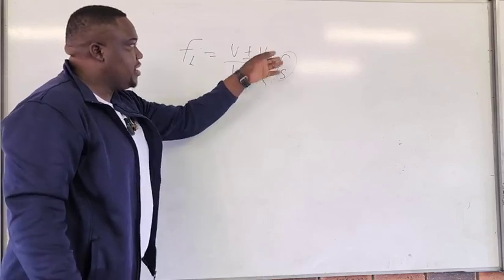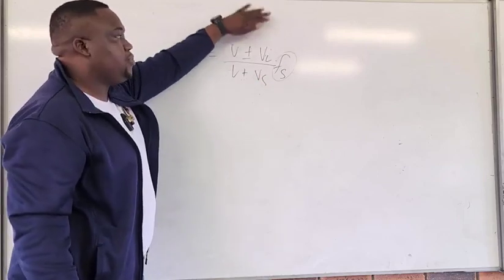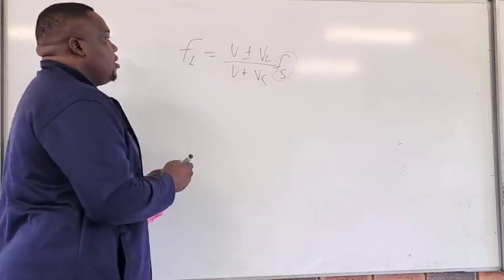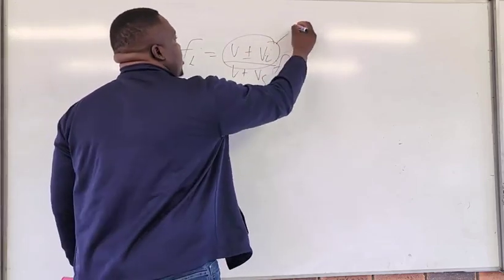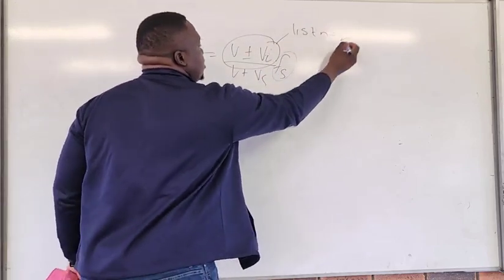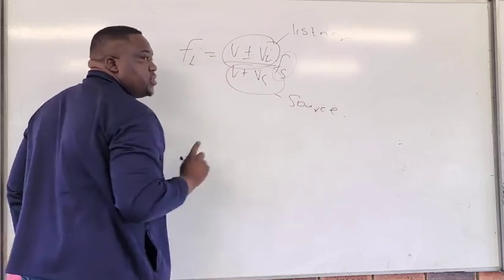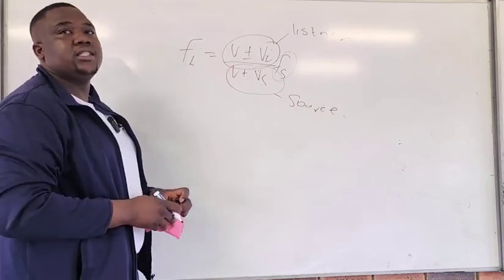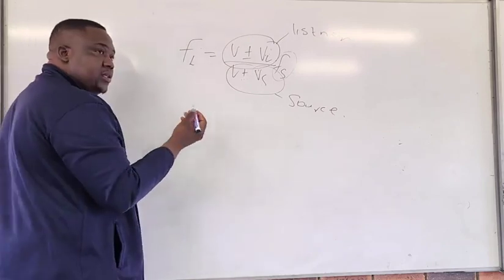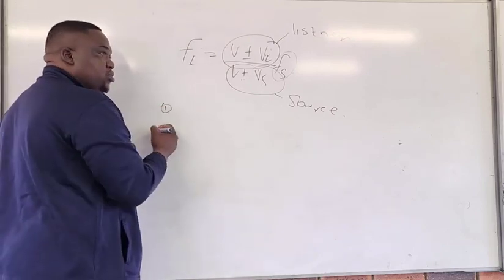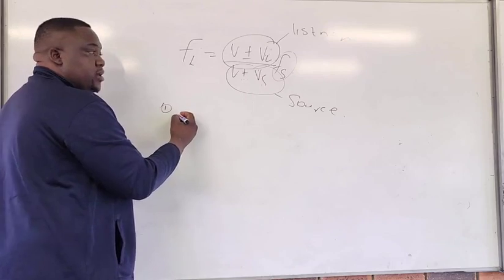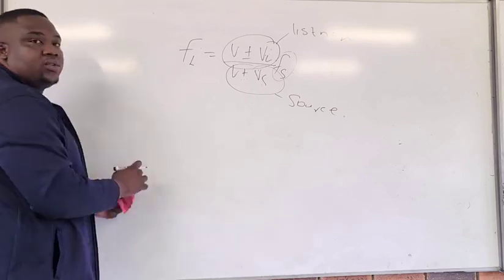As you can see, on this side we have Vs, on this side we've got Vl. So this part is the part of the listener, and this part is the part of the source. So we need to take note of that. Let us check. Here is one of the things that we need to use. Then, how do I set them?